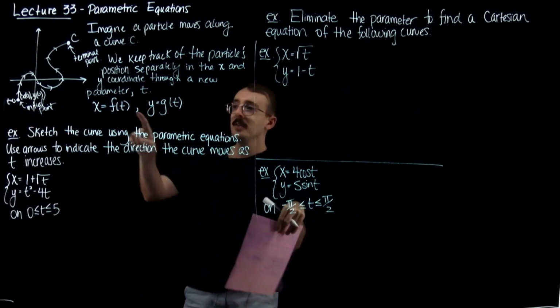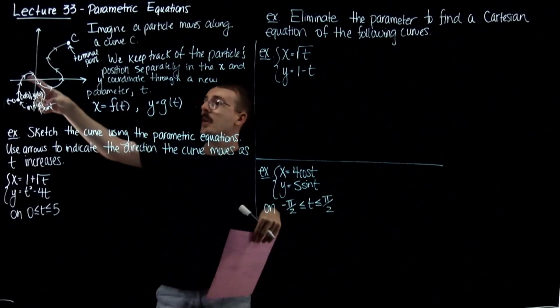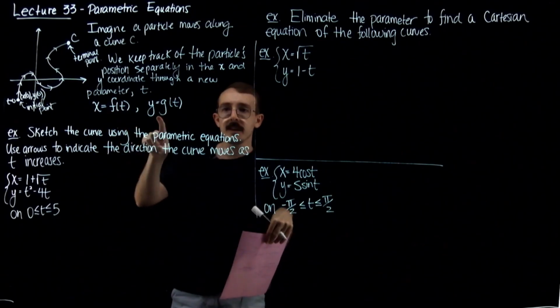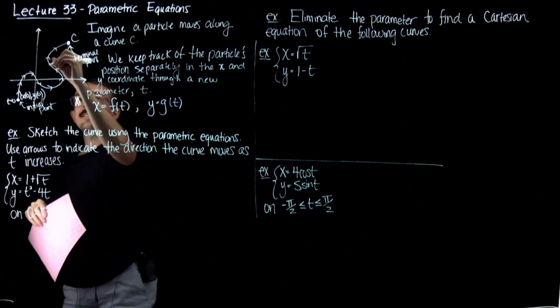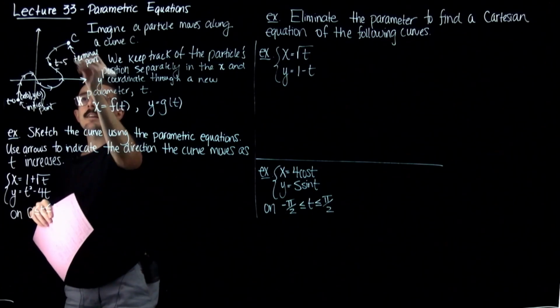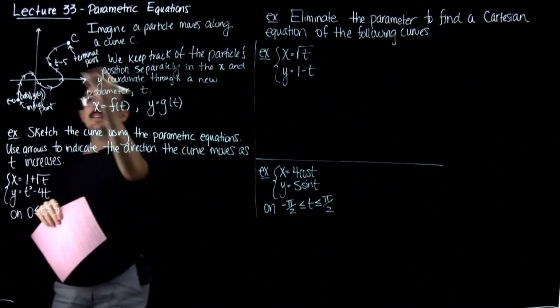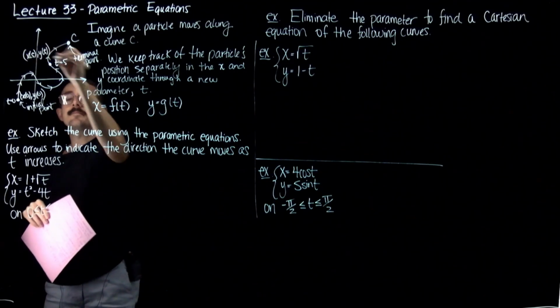And then similarly, you can plug in a 5 or 10 or something like that, and it'll tell you the x and the y coordinates separately of where you are on this curve. Let's say that here is where the particle has managed to get to at t equals 5. So if you plug in 5, then these separately tell you the x coordinate of where we are, so x of 5, and then y of 5.